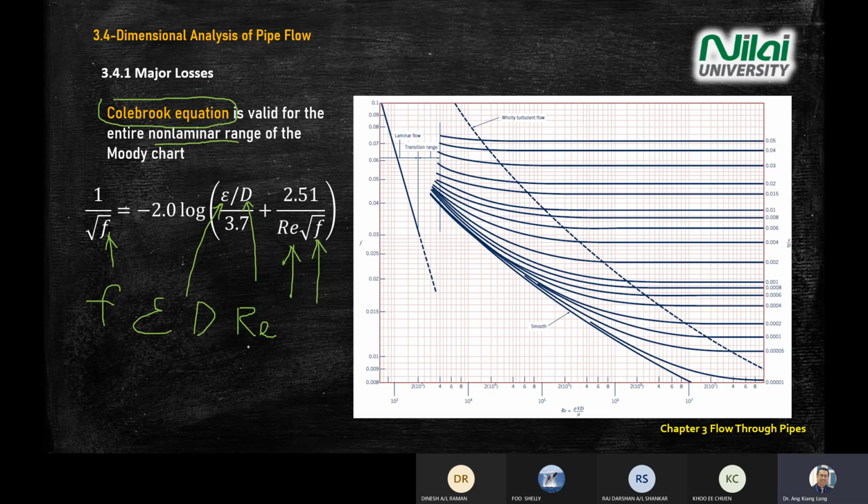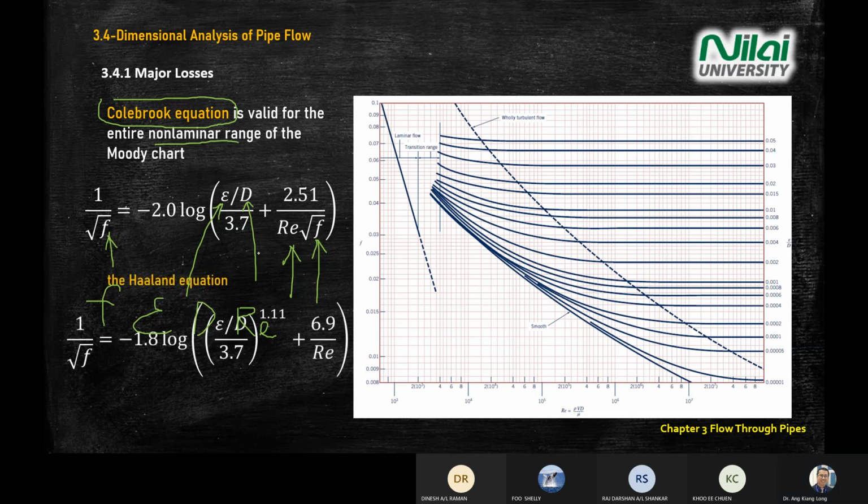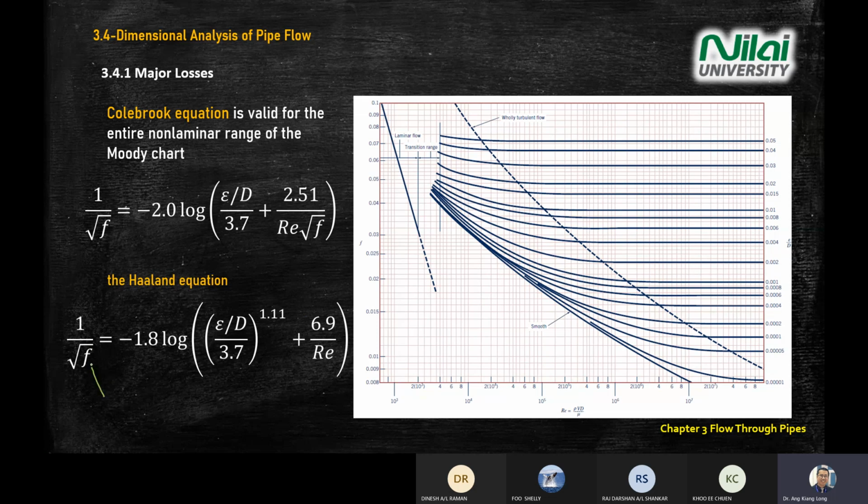Another equation used for major losses calculation is the Haaland equation, given by this one, also focusing on F, epsilon, D, and Reynolds number. Both will give you similar answers. It's not the same, but similar, very near numbers.